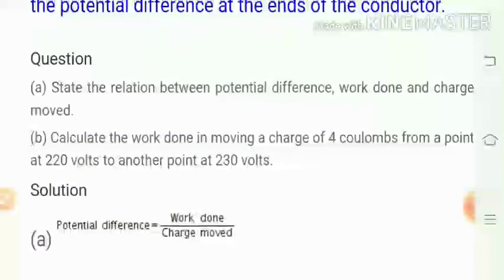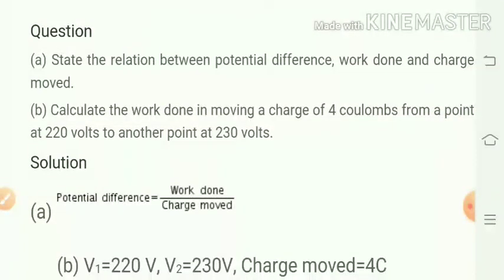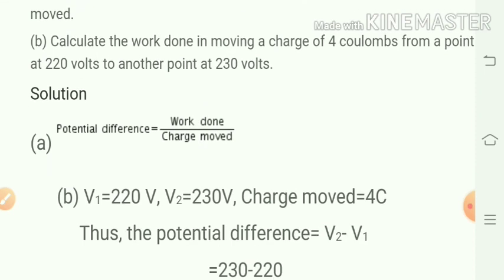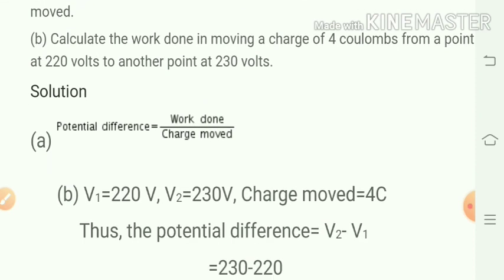Now see the next question. State the relation between potential difference, work done and charge moved. Calculate the work done in moving a charge of 4 coulombs from a point at 220 volts to another point at 230 volts. Potential difference is the work done in order to move the point charge from one point to another point.